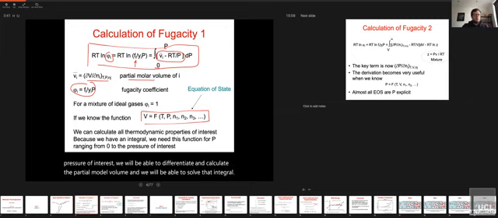We will have to do it for the component when it is in the gas phase, and then we have to do the same derivation for the component in the liquid phase. So that equation has to be valid all the way from zero pressure to the pressure of interest, and it also needs to be able to do that phase transition. If that's the case, then we are able, by applying that equation, to calculate exactly what is the fugacity of that component in the mixture.